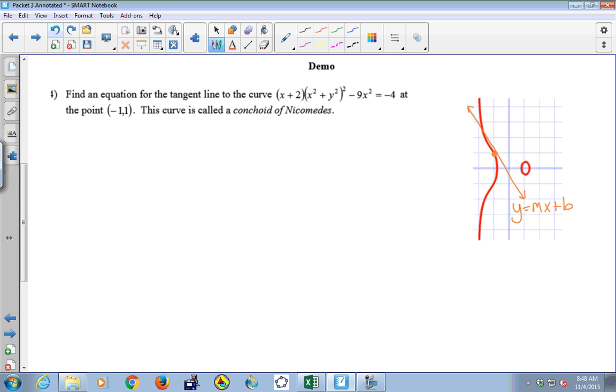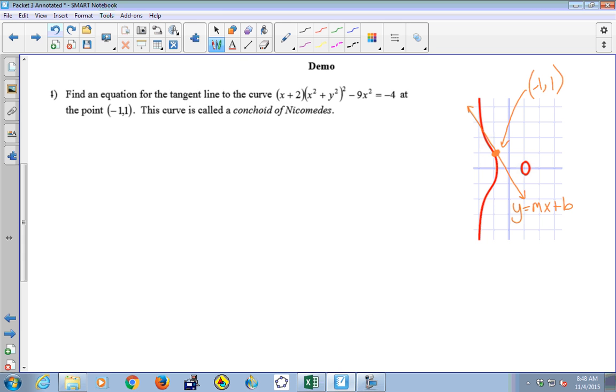The derivative, right? The slope of a tangent line is the derivative. So I need the derivative, and then to figure out what b is precisely, I need to know a point on the line, and I can use this point because the point of tangency is on the curve and on the line. So this point right here is the point -1, 1. So I have a point on the line, and I just need the slope of the line, and I can find the equation of the line.